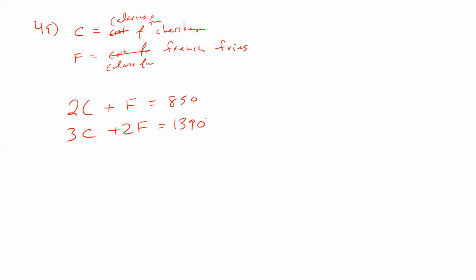Do I have 2 equations? Yes. Do I have 2 things I don't know? Yes, I can solve this. So your choices are elimination or substitution, whichever one you like. Okay, and let's set up the next one here. 51, 10 liters of 30% acid solution is obtained by mixing a 20% solution with a 50% solution.